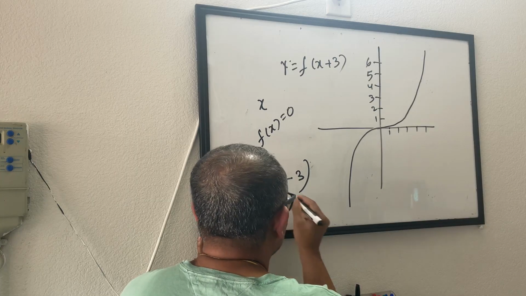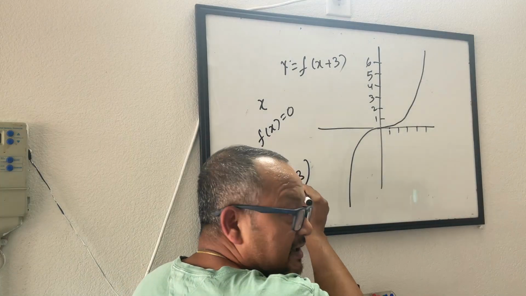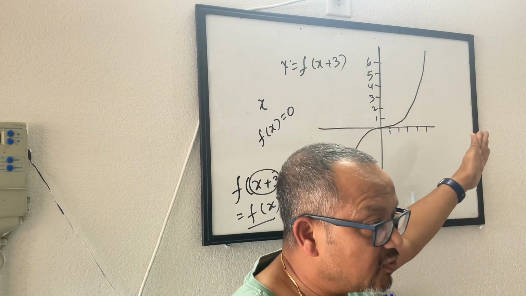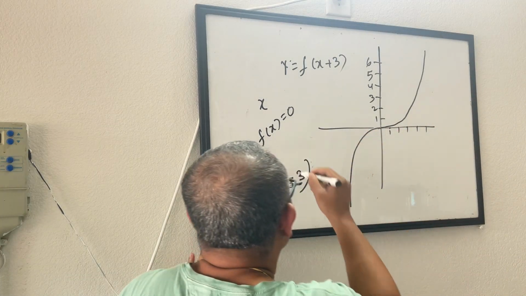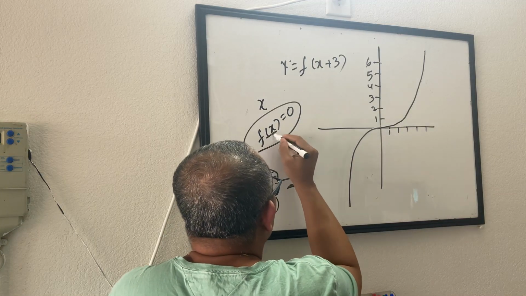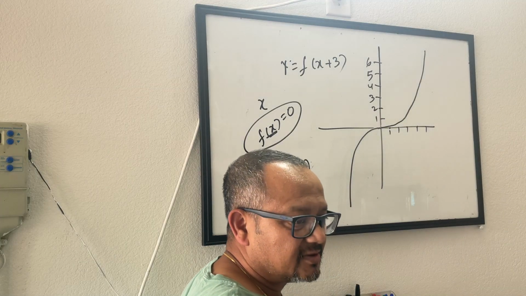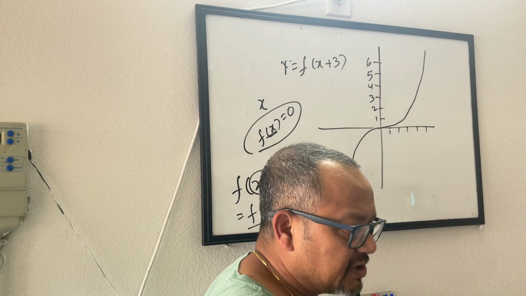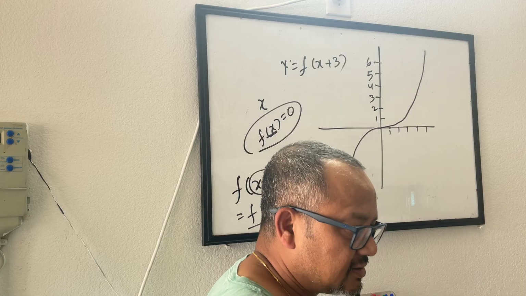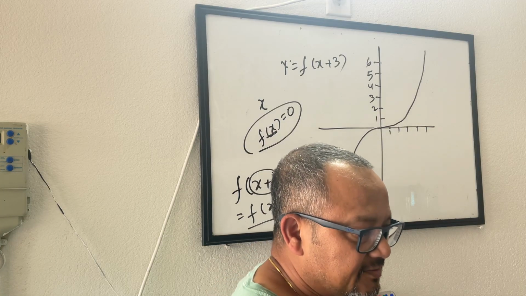Correct? So whatever is the graph, you are going to do a minus 3 inside that and see how the graph will move, and then find out for what value of x the y is 0. Is the question clear to everybody or still confusing?